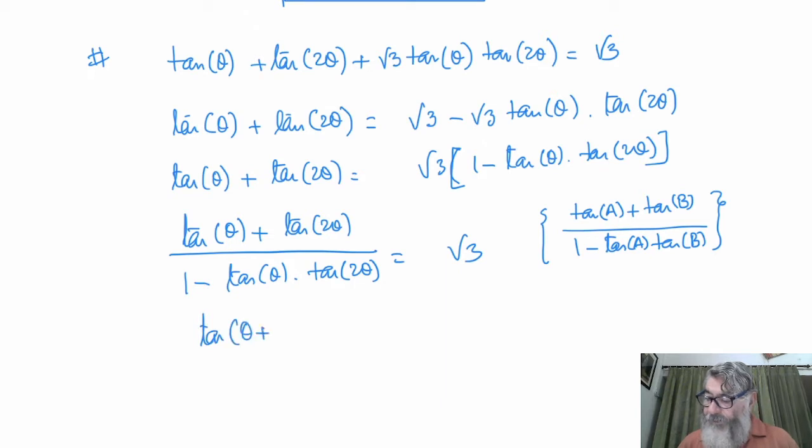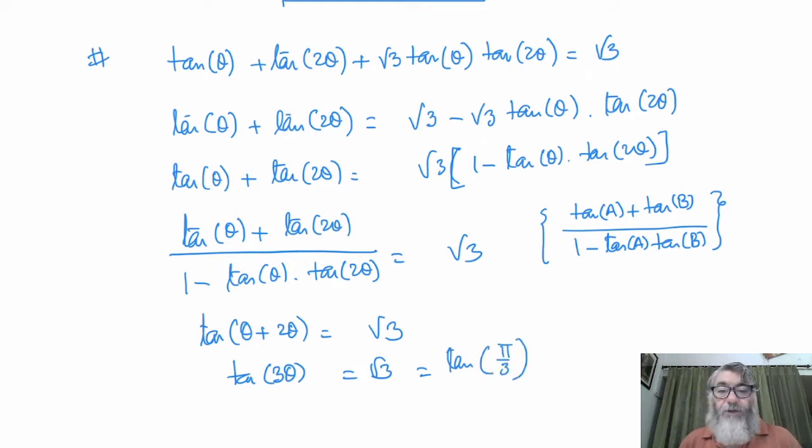So what you will get is tan of theta plus 2 theta actually. It will become tan 3 theta is equal to root 3, which is tan 60, tan pi by 3. And what is the general solution for tan?